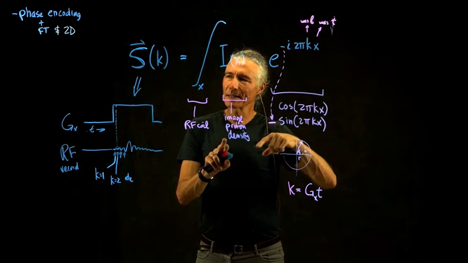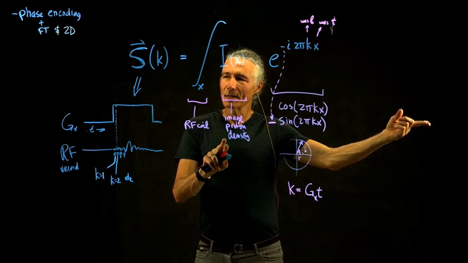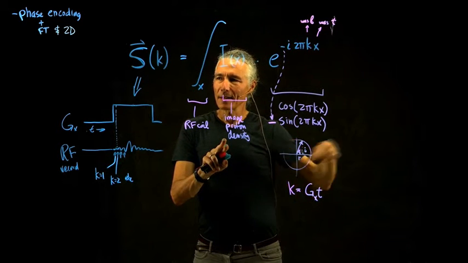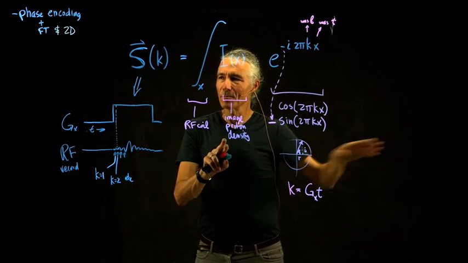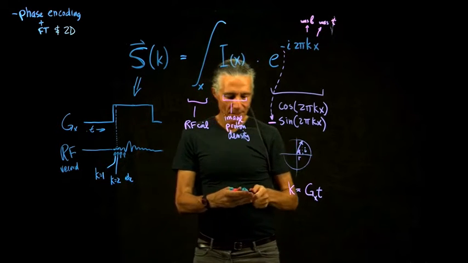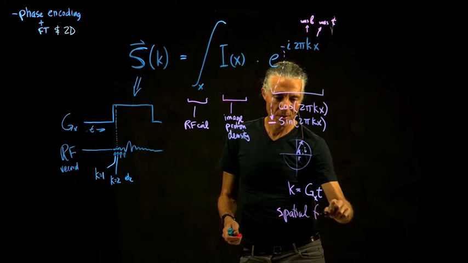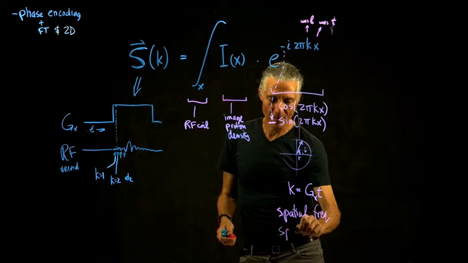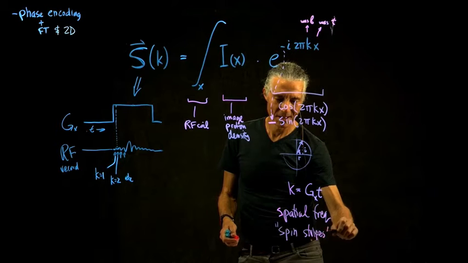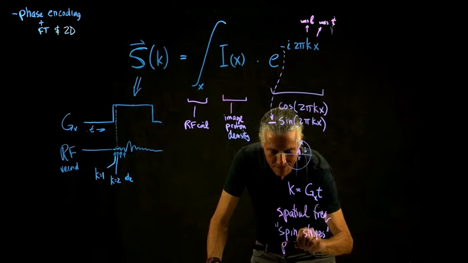As you move across x, you can think of it as a vector rotating around as you go in the x direction, that would be this view up here, or you could think of it as a cosine and a sine as you move in the x direction. So that's the spatial frequency, but I like to call it just the spin stripes, the spin phase stripes.